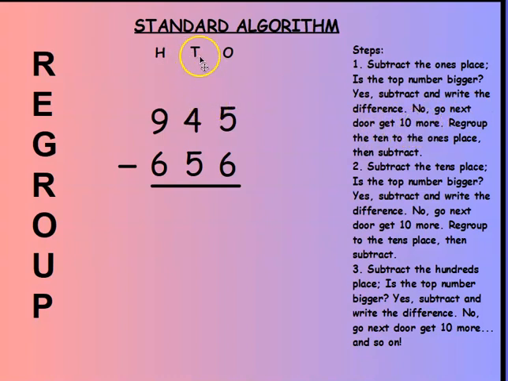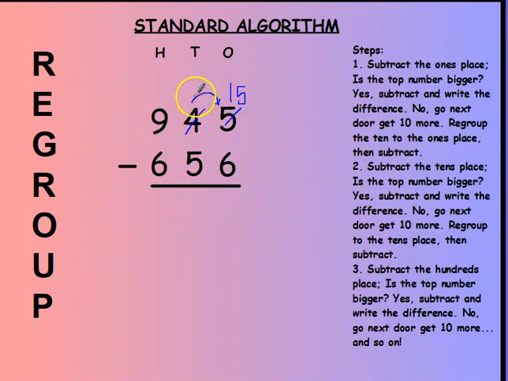Remember, for place value, what's next door? It's the tens place. I can get a group of 10 from the tens place, and I can just sort of bring it back over here to the ones place. And so now I have the 10 from the tens place plus the 5 that was already there. So now I have 15 in the ones place.